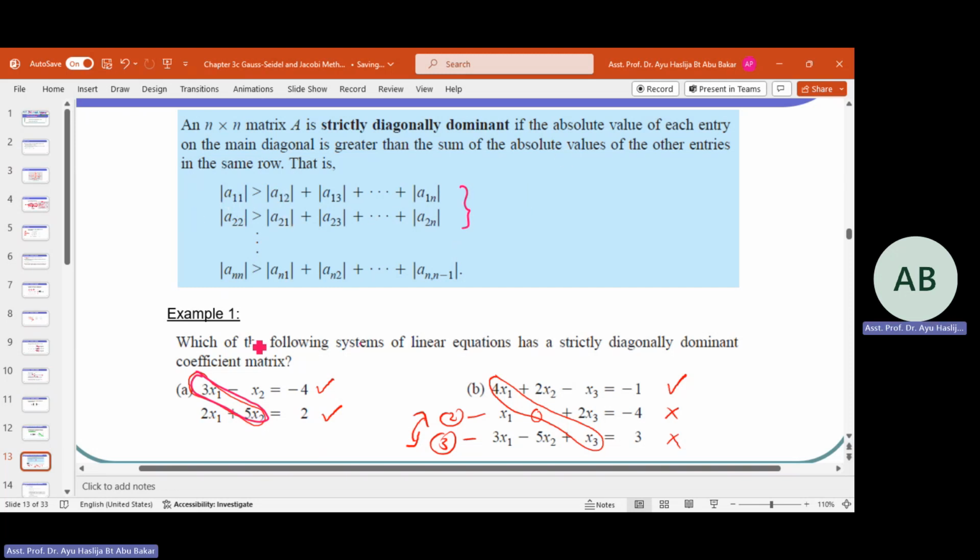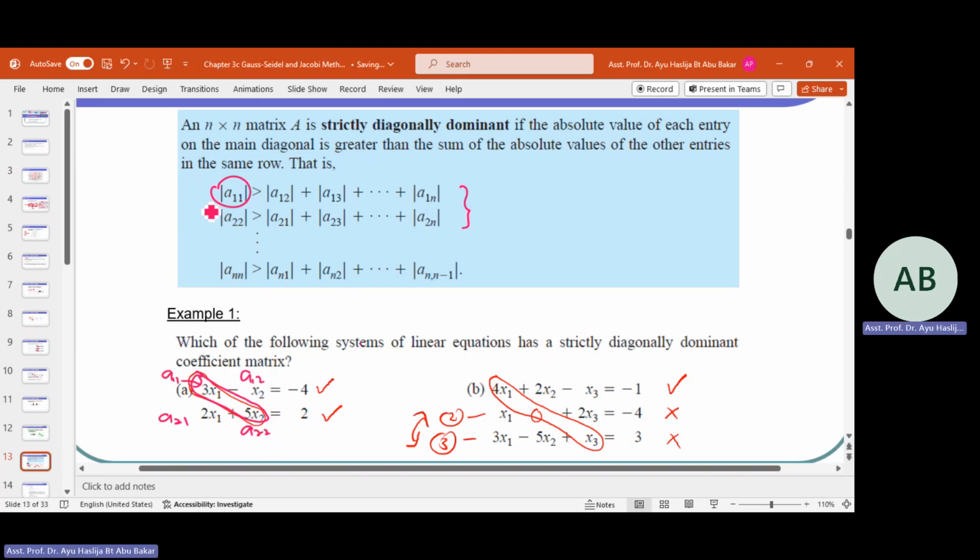A11 must be larger than A12 plus A13. So here is A11, here is A12, here is A21, here is A22.